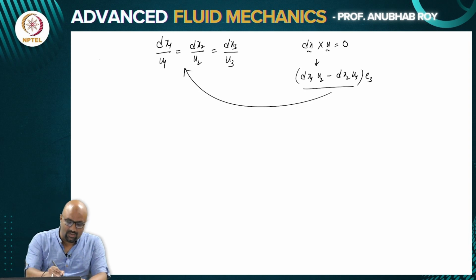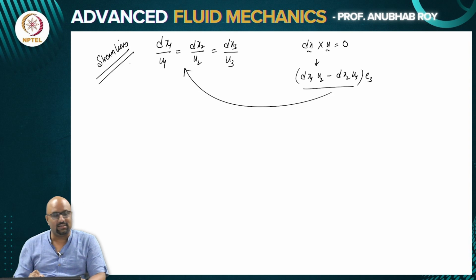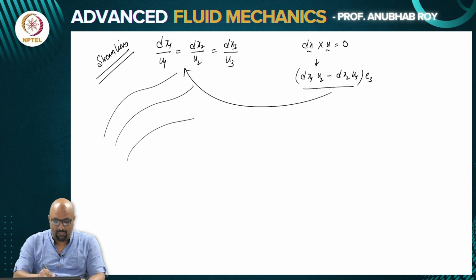Now, this is what we first get introduced to for visualization, as the equation for streamlines. It's a very important idea when we are looking at flow kinematics. It gives us a description where you have curves in space such that at any point on those curves the tangent gives us the velocity vector.